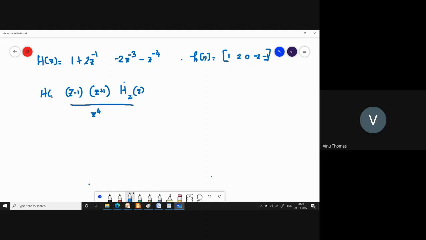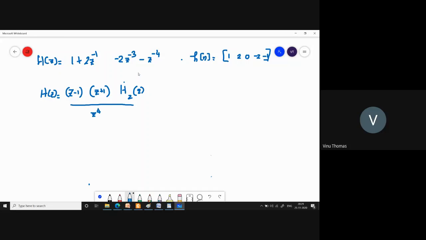So you have to find out what is H2 of z by dividing this by z squared minus 1. So divide this by z squared minus 1 to find out what is H2 of z. So that gives you a very easy method to factorize certain kinds of polynomials. So if you have an anti-symmetric polynomial, definitely you can say that you have a root at z equal to plus 1.